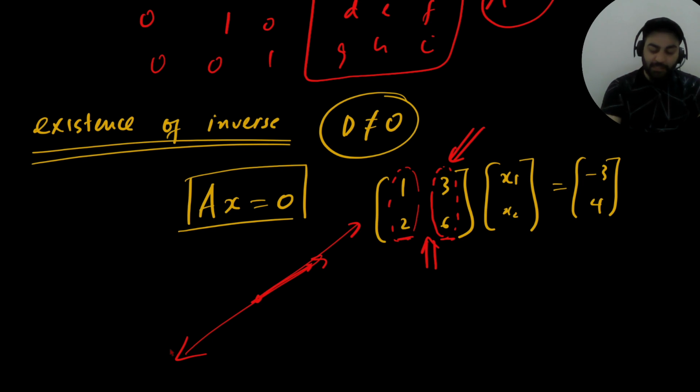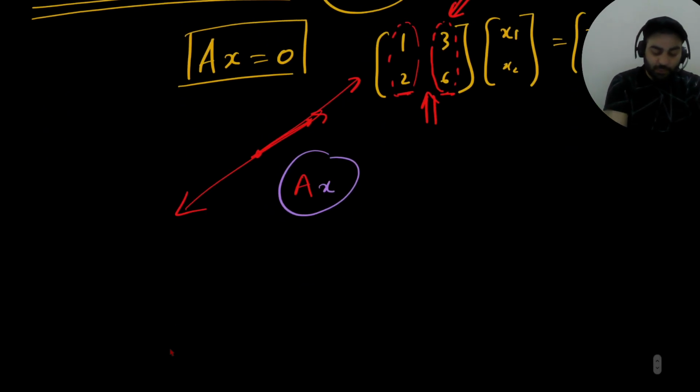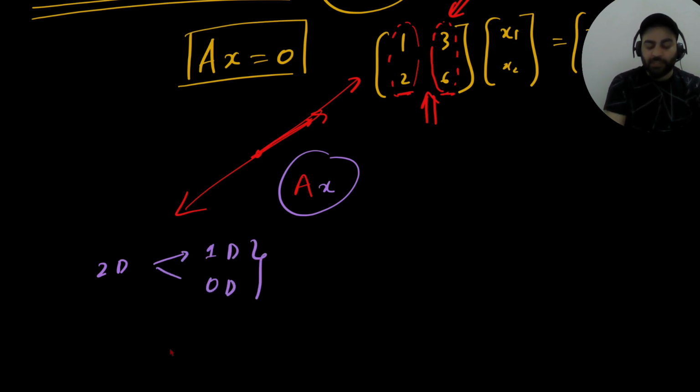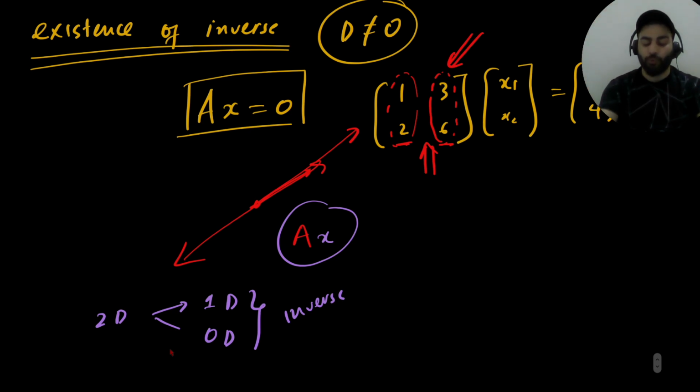So initially, if you had some matrix, let's suppose A, and it was applied to some x, it squished the space in the 2D case, it made that a line in 1D, or it just squished it to the 0 dimension. So here we can say that the inverse won't exist because you cannot invert this. Out of a line you cannot create the whole 2D plane.